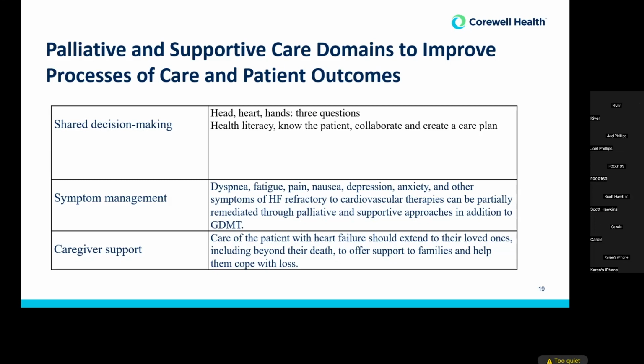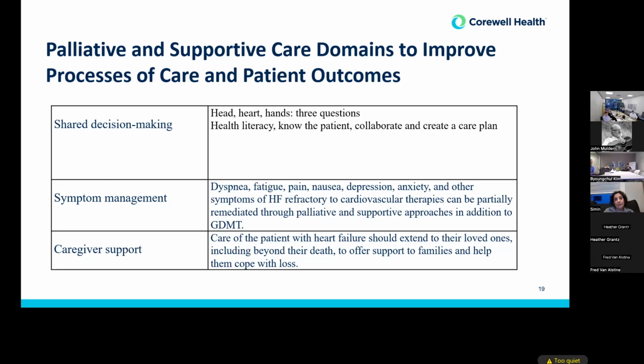It's a chronic disease, and helping patients understand that, helping patients then identify what's important to them as they go along this disease progression, and then together creating the next steps. And that may mean no ICD, or that may mean an LVAD, but whatever the case may be, really partnering with the patient so that they have loud voices in their care plan, and they are the drivers of that.